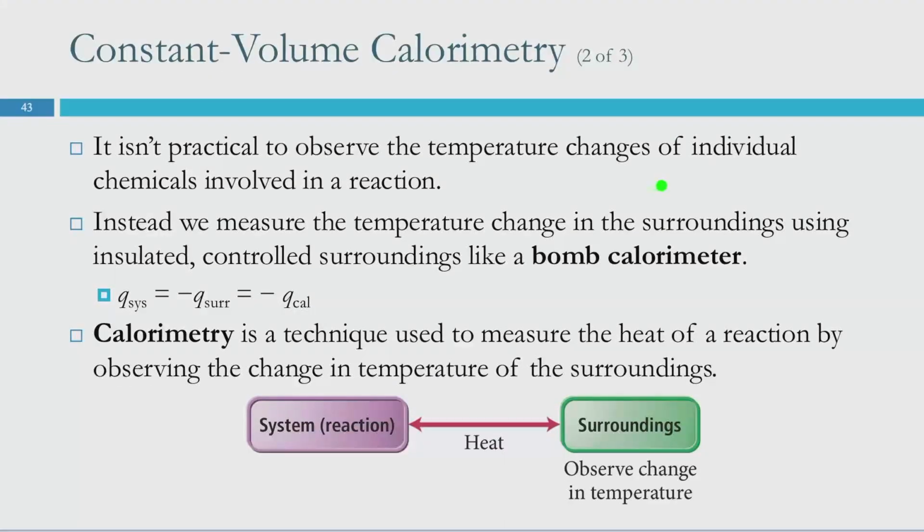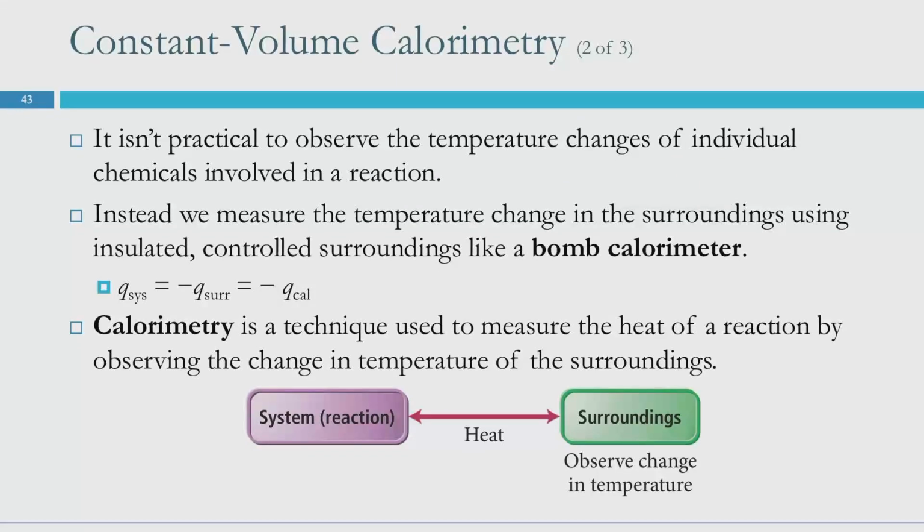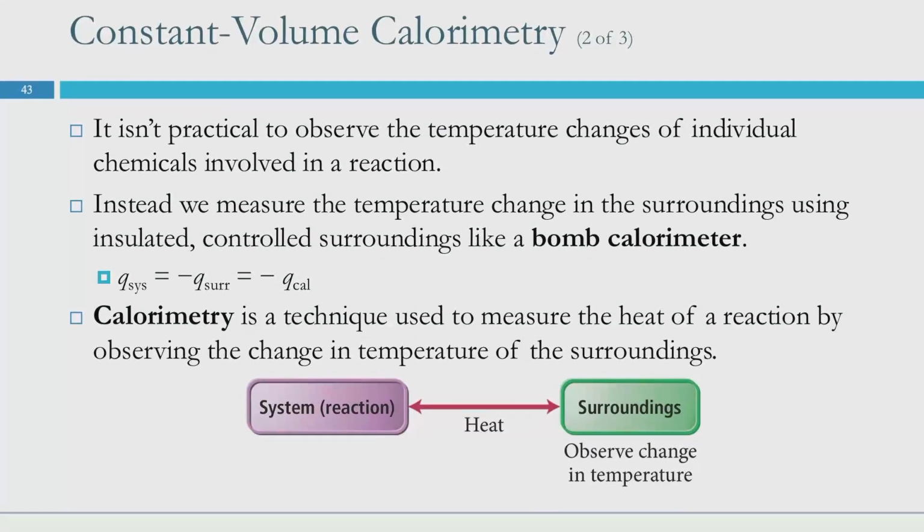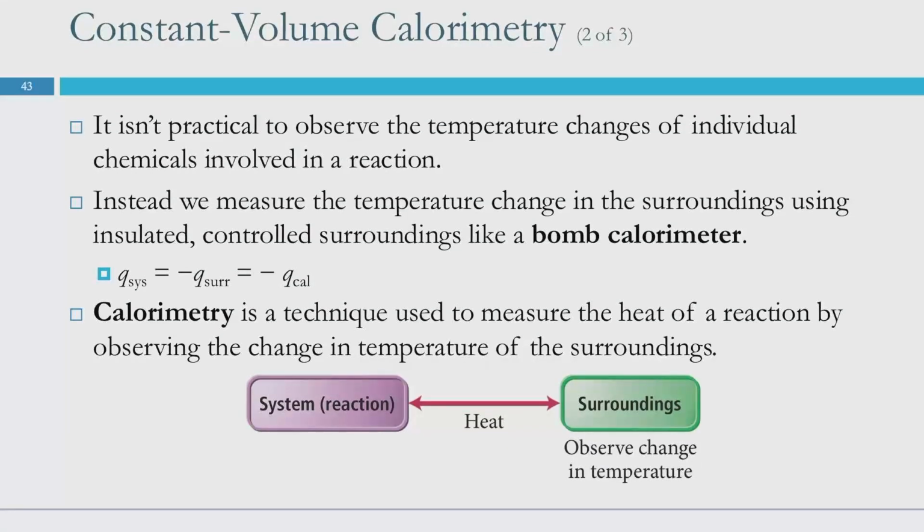It's not practical to observe temperature changes of individual chemicals in a reaction. Instead, we can measure a temperature change using an insulated, controlled surroundings, like in what's called a bomb calorimeter. And we'll see a diagram of what a bomb calorimeter looks like. So in a bomb calorimeter, volume is constant.